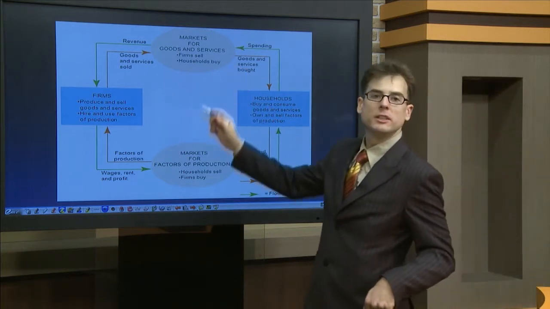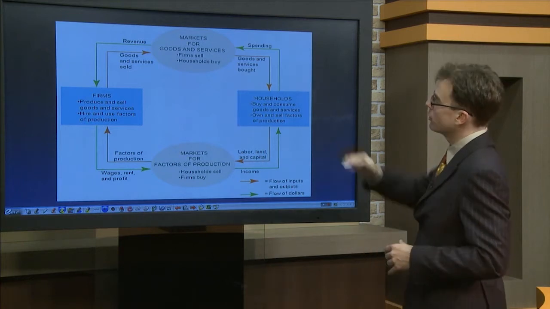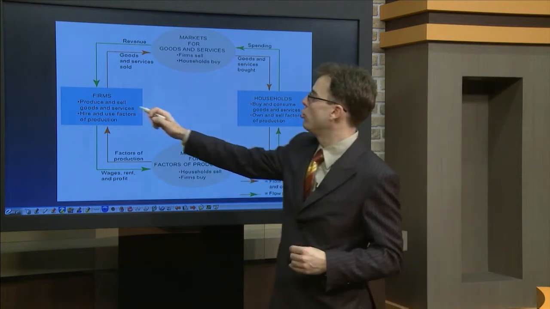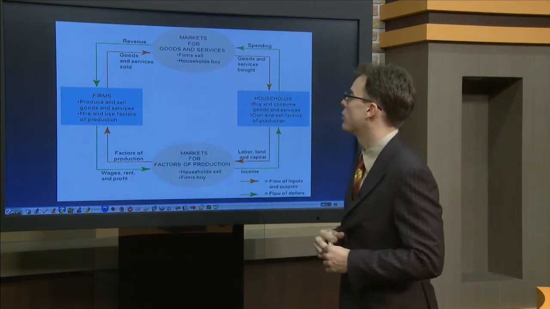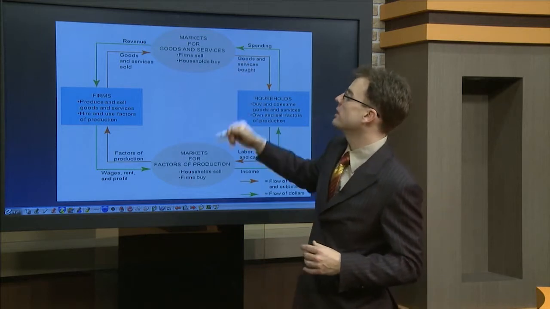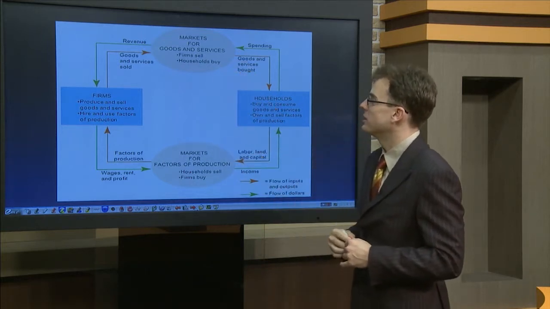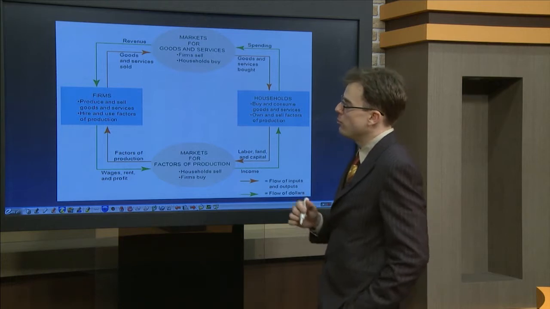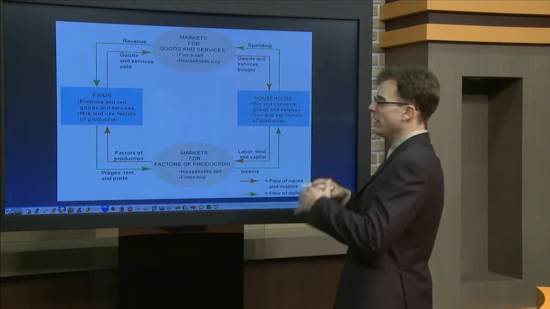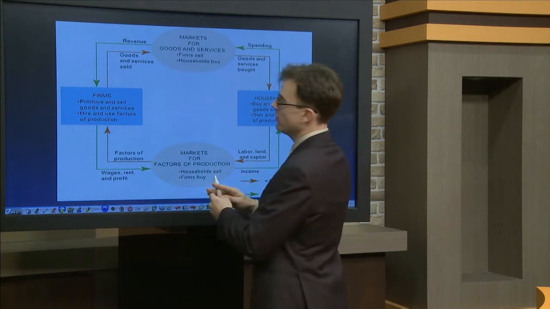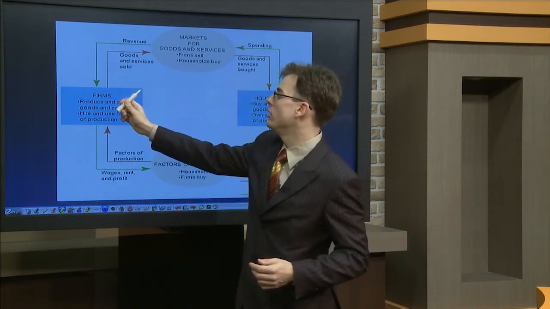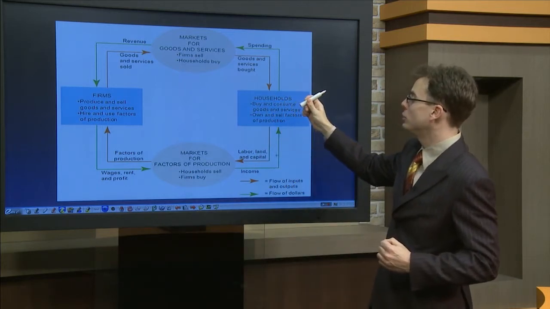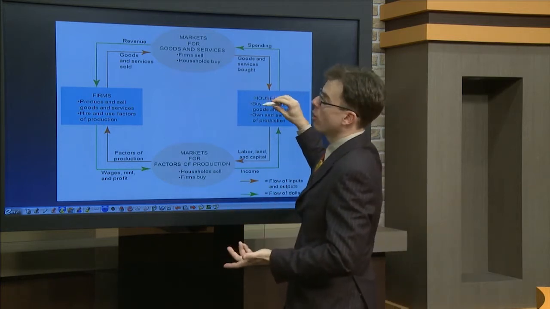The most simple representation of the economy is through this simple circular flow diagram. We can say that there are two kinds of market participants. There are two markets in which these participants interact with each other. And because it is a circular flow diagram, it is important to realize that all of the flows from these market participants to these market participants should be followed by the same level of flows in the opposite direction.